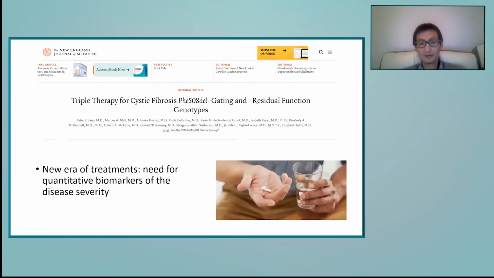And there is a very interesting new era of therapy because new treatments have emerged that are crazily effective on the disease severity, and we expect that imaging may play an increasing role in assessing the follow-up of these patients under treatment.